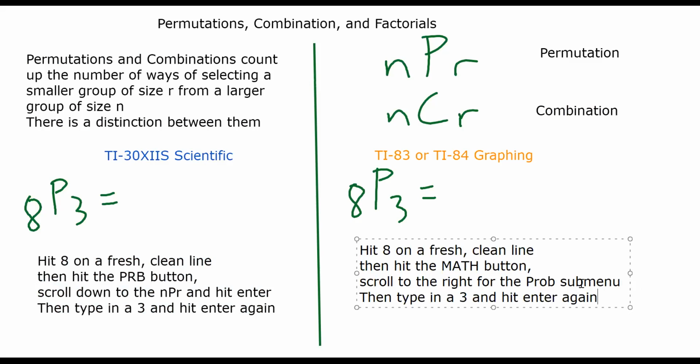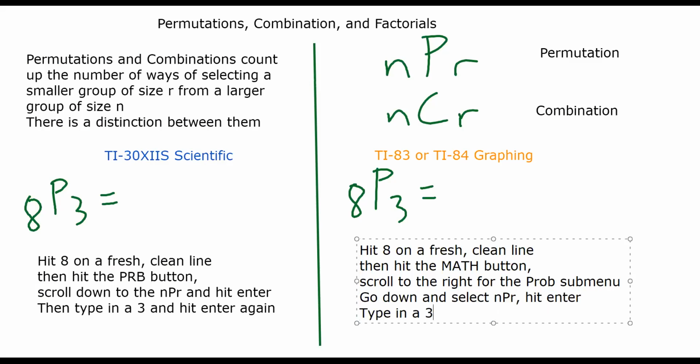After you type an 8 in, you're going to hit the math button, scroll to the right for the probability submenu, go down and select nPr, hit enter, type in a 3 and hit enter.